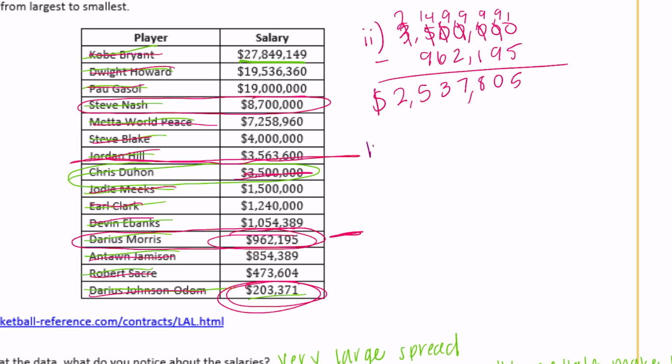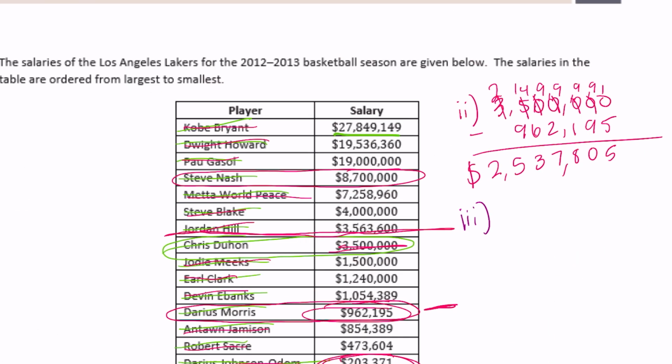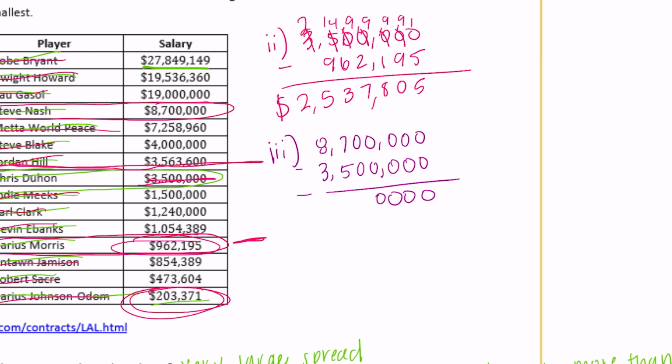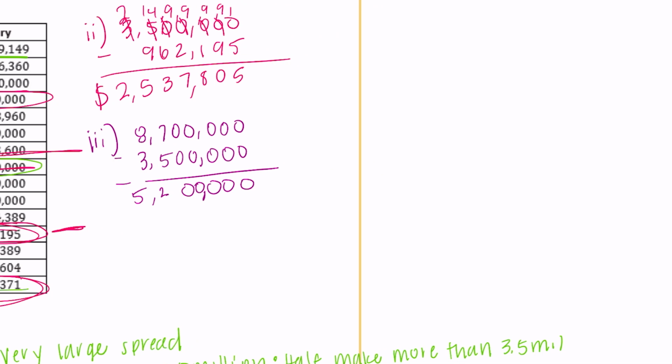Let's do the third one. Median of the whole data set to the median of the upper half. So 8.7 million minus 3,500,000. 5.2 million. And then median of the upper half to the highest salary. So last one.